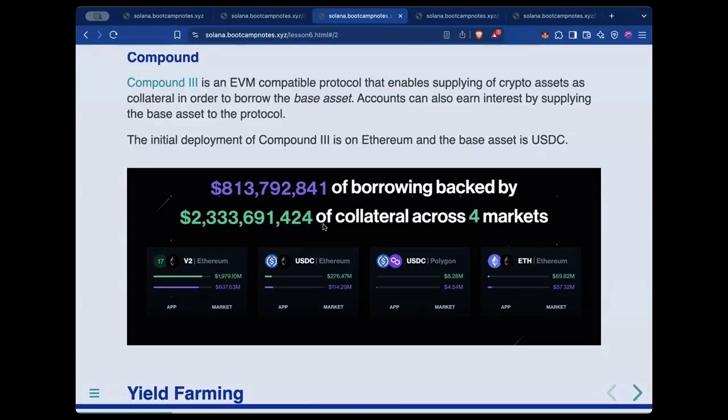You can go to one of these projects and borrow tokens. But in order to do that, you have to supply collateral and you have to over-collateralize your position. So you have to provide more collateral than you are borrowing. Now you may say, why would people do that? But it could be the case that you would want to have a particular token for a particular reason.